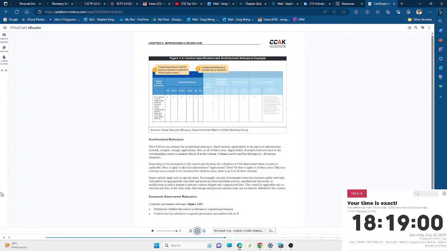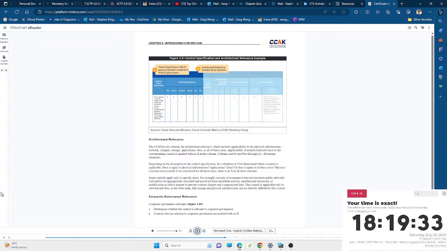Example: updated control specification, architectural relevance, cloud service delivery model applicability, supplier relationship, scope applicability, corporate governance relevance, physical, SaaS, service provider, tenant/consumer, ISO/IEC 27001:2013, NIST SP 800-53 R4. Prior to granting customers access to data, assets, and information systems, security, contractual, and regulatory requirements for customer access shall be addressed. The organization determines and documents the legal authority that permits the collection, use, maintenance, and sharing of personally identifiable information, PII, either generally or in support of a specific program or information system need.